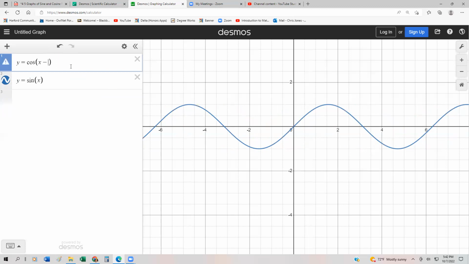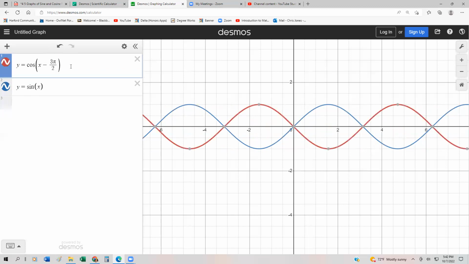And then 3 pi over 2. Again, if we keep moving this along, there are certain ways that we can make the sine and cosine functions look like one another. That's that co-function along with the idea of the reference angles. So keep in mind that a lot of the properties of the sine and cosine function mirror one another. It's just that they're basically shifted from one another.